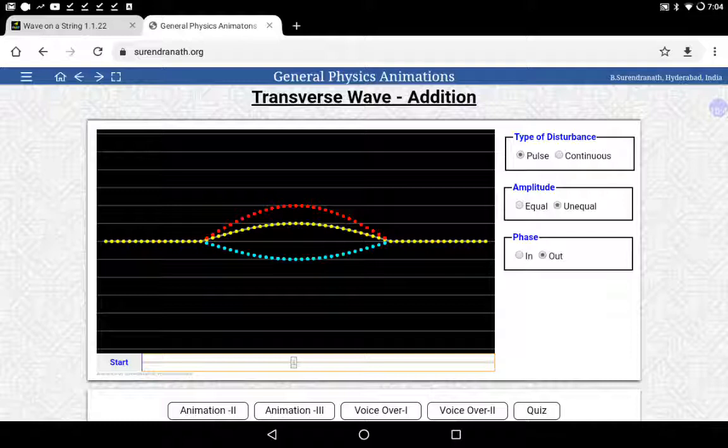So the red is positive 2, and the blue is minus 1. So what do you get if you add positive 2 amplitude with the minus 1 amplitude? 2 minus 1 is 1. And you can see that this yellow amplitude here is plus 1. So you can see how they combine. And it still works if you have a positive amplitude and a minus amplitude, right? You just work with the integers.